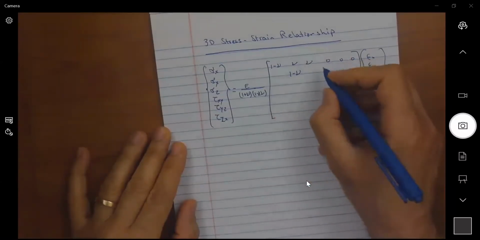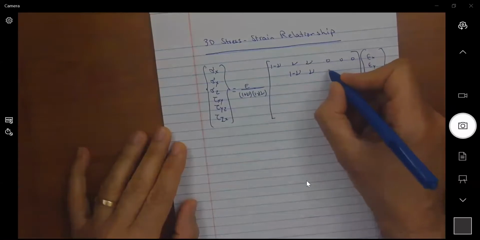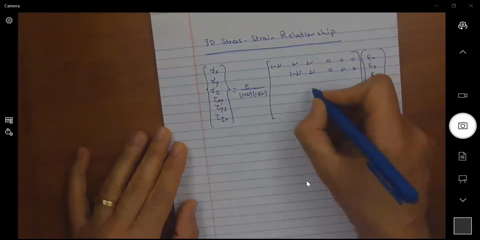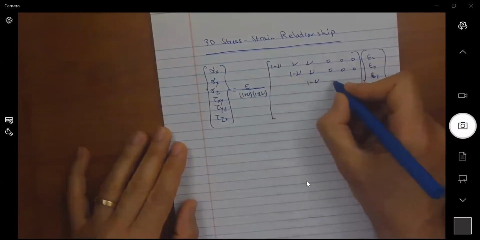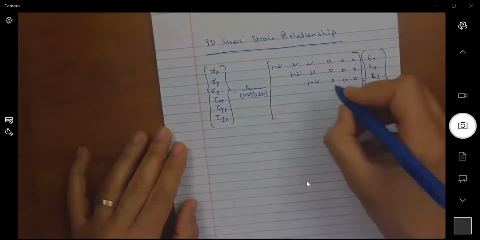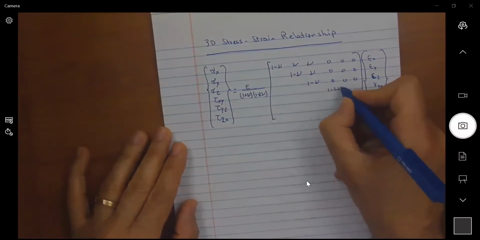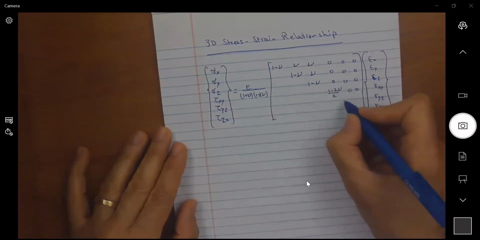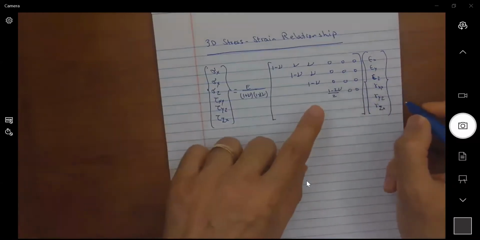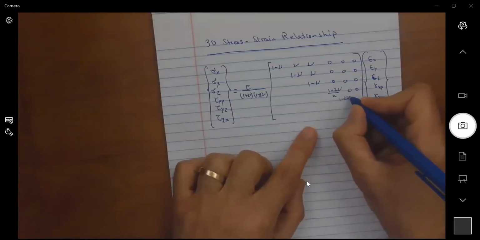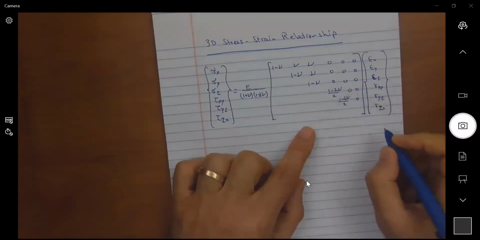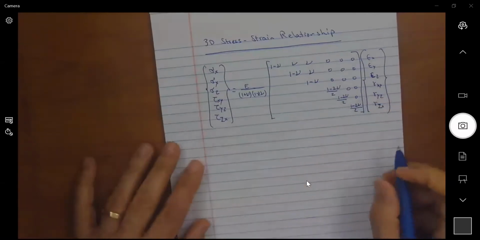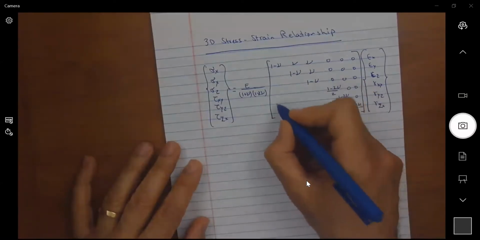Of course, nu is Poisson's ratio, right? Then I have 1 minus 2 nu over 2 for the last three diagonal entries, and this is a symmetric matrix.